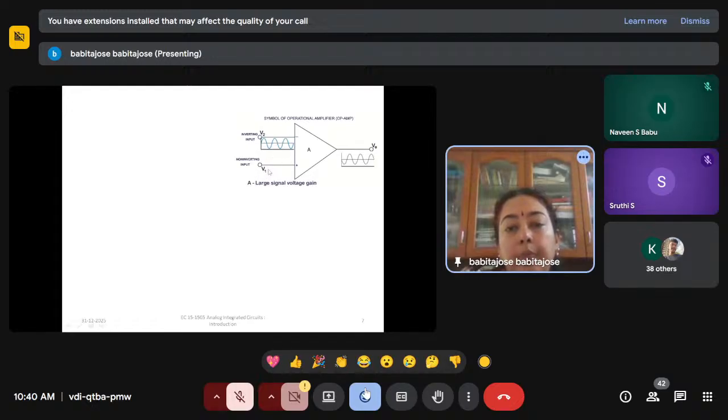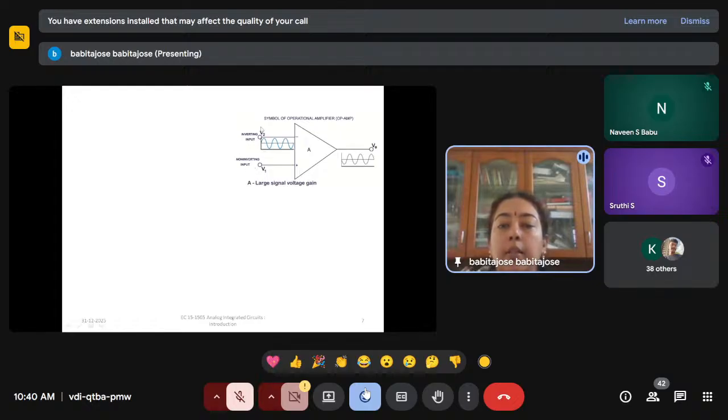Here V1 is designated as the non-inverting input, which means that any AC or DC signal applied to the non-inverting input produces an output which is in phase with the input. So that is what is called non-inverting input, V1.